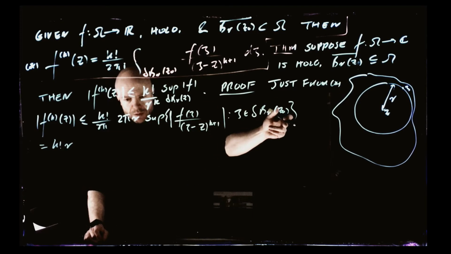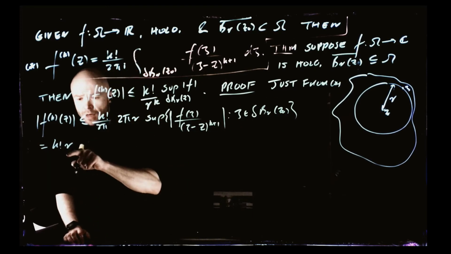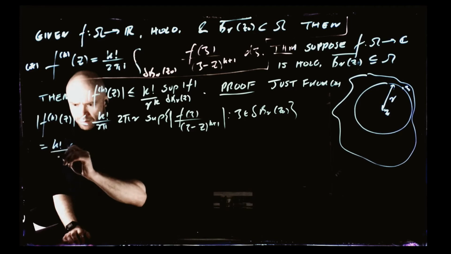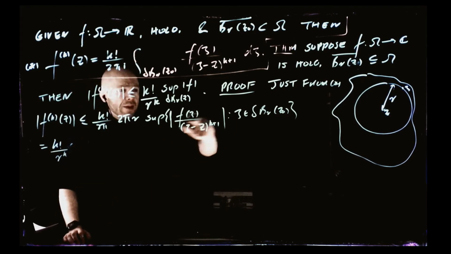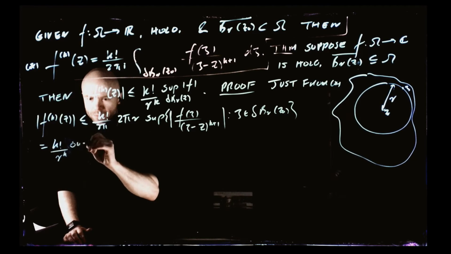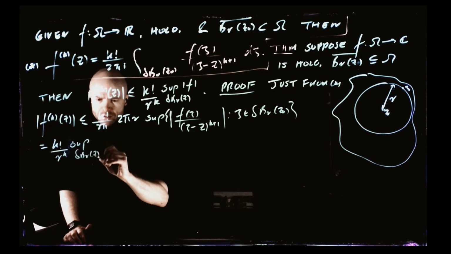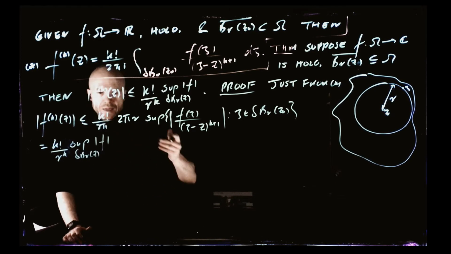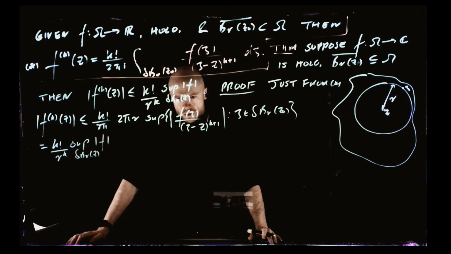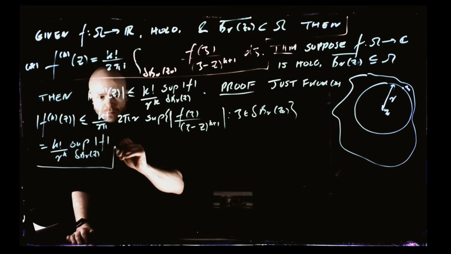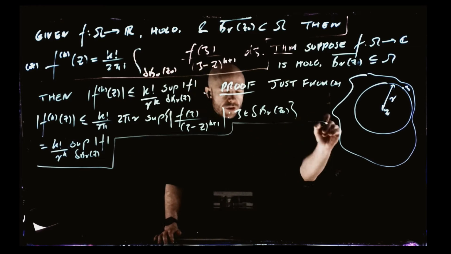It doesn't care about zeta anymore. So then this r will cancel and it will be replaced by r to the minus k. And then this thing will just be the supremum around the boundary of the ball of radius r at z of the absolute value of f, which is exactly our estimate. Yeah? So it follows extremely easily just from the formula. Okay, so that's the proof. Let's try and motivate it.